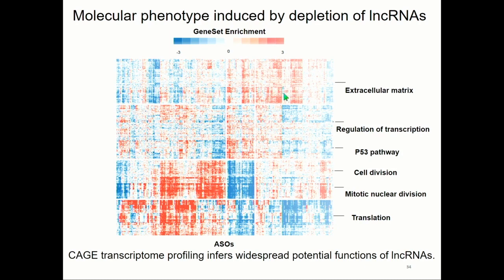In this example, all using human dermal fibroblasts, we see that those cells are trying to do many different things. Sometimes extracellular matrix genes are changing, up, down, or up. Regulation of transcription, sometimes p53, cell division, mitotic nuclear division, translation, and so on.